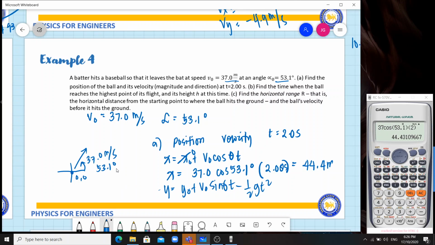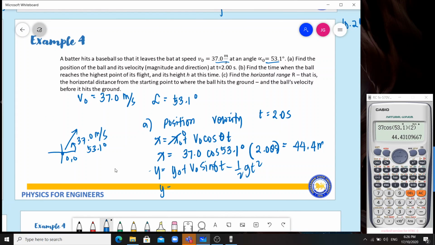That's the formula. Y equals, this is 0 now, so 37 sine 53.1 times the time of 2 seconds, minus 1 half 9.8 times t squared, which is 2.00 squared.